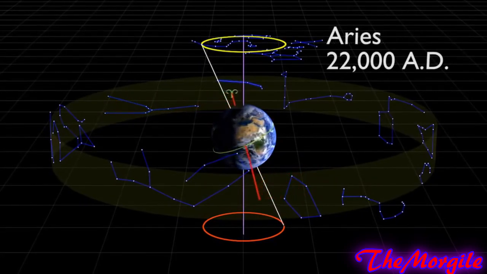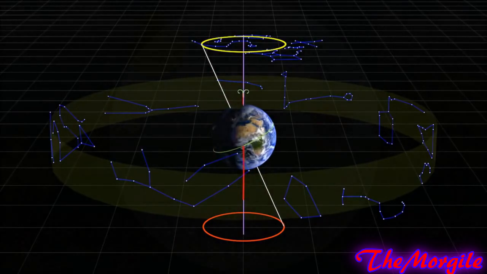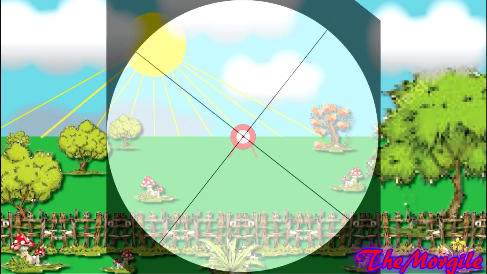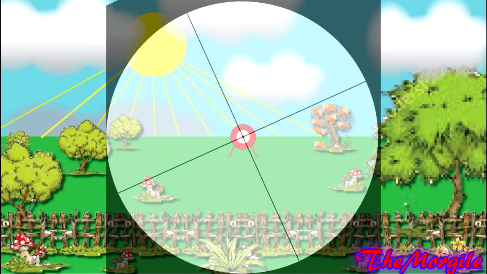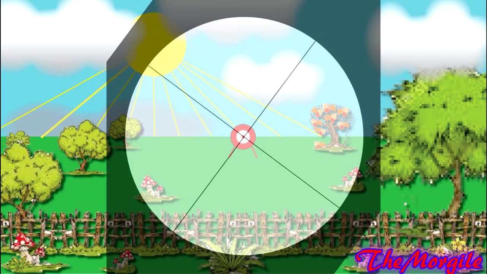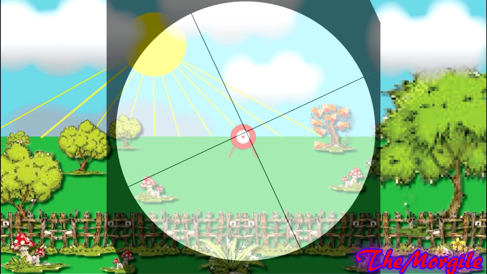The whole thing is put into checkmate when you run this hypothetical scenario over time, even just 50 years or 72 years. We should see constantly changing North Stars throughout history.